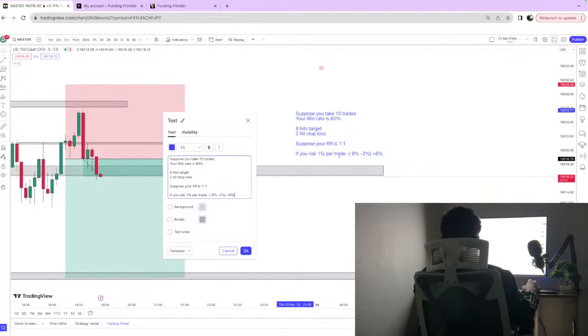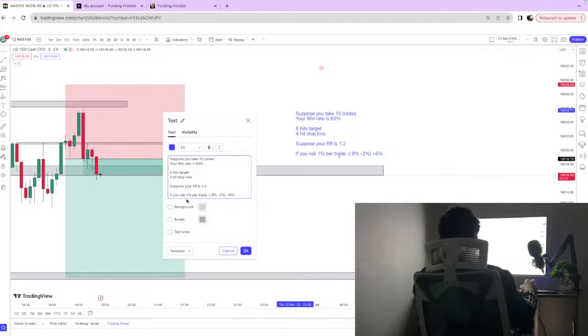It changes on changing the things. Suppose your win rate is 60%, that means out of 10, 6 hit target, and 4 hit stop loss, but your risk reward is 1 to 2.